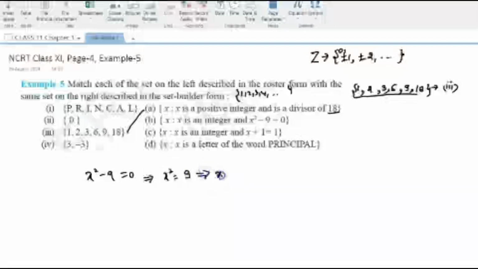On taking the square root, you will get x is plus minus square root of 9, and you will get x is equal to plus minus 3. So the solution is 3 and minus 3. So this set is 3 and minus 3. So this is your fourth option, right?